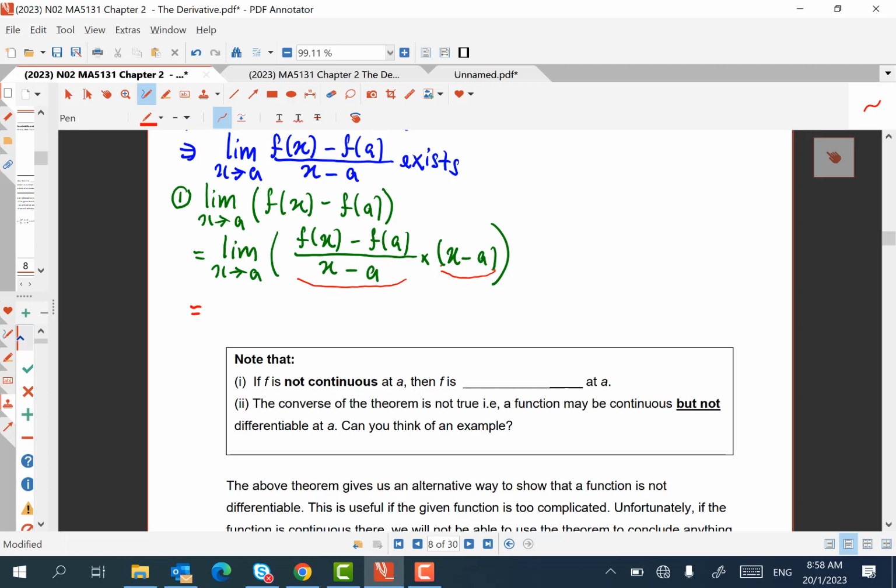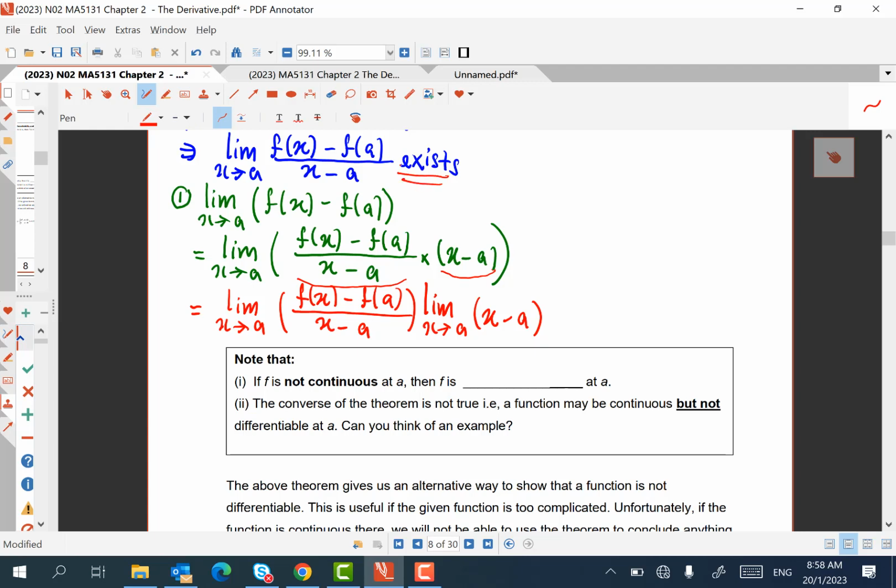So therefore I can rewrite this thing as a product of the two limits. Okay, now we have the blue color that says the limit exists.